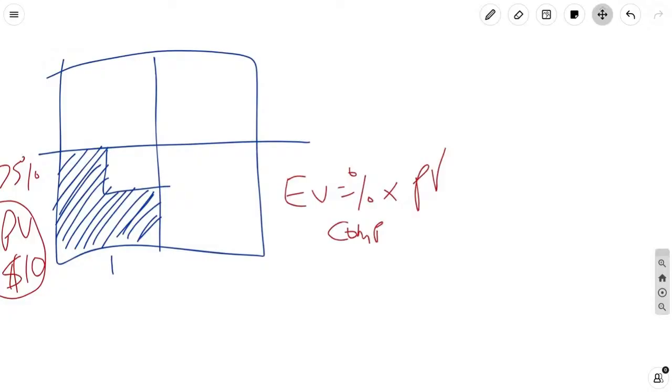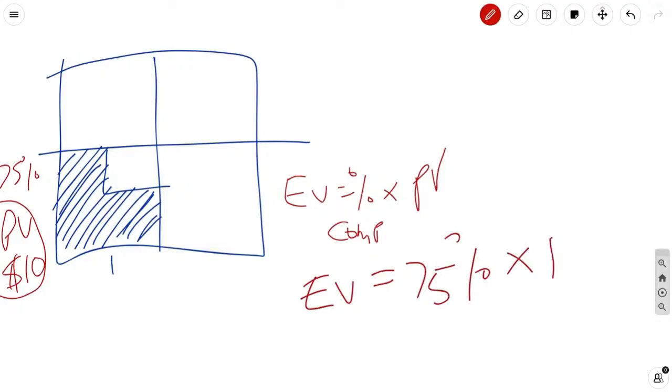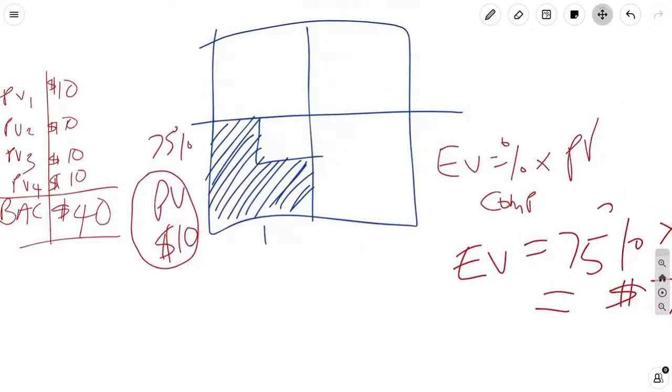So if we take that understanding and we say earned value is equal to 75% of $10, we get $7.50. So your earned value for day one is $7.50.